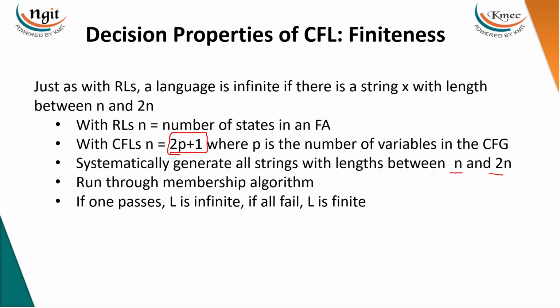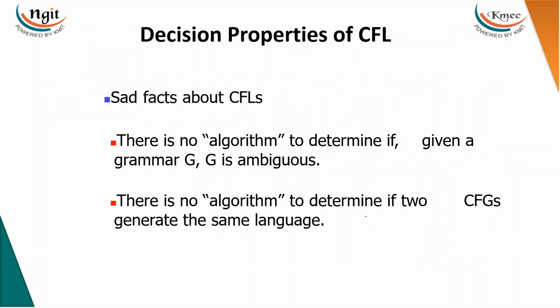If n is 2^p plus 1, and you have 6 productions, then n is 13. Generate all the strings between 13 and 26 and run the membership algorithm. If it passes the membership algorithm, then we can say that L is infinite. Otherwise, it is finite, which means there is no recursion if it fails. In that way, you can prove whether it is finite or infinite.